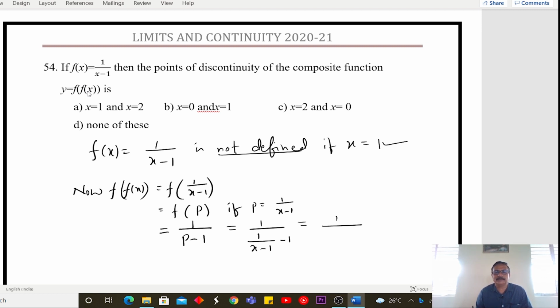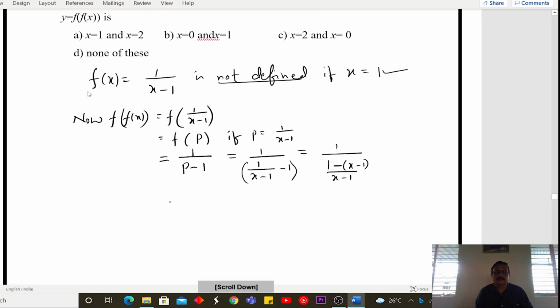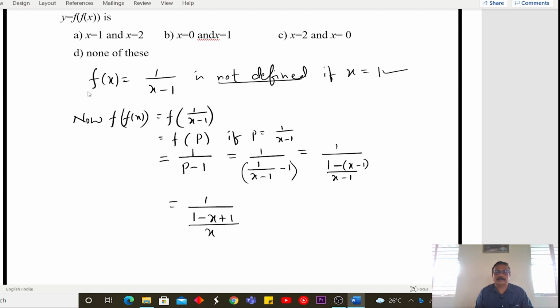That is 1 by, in the denominator, take the LCM. LCM is here x minus 1. So here 1 minus 1 into x minus 1, over x minus 1. Then simplify, that equals 1 divided by 1 minus x, minus into minus plus 1, divided by x minus 1. So that term goes to numerator, that is x minus 1 divided by 1 plus 1, 2 minus x. Therefore, f of f of x value ಏನಾಯಿತು?